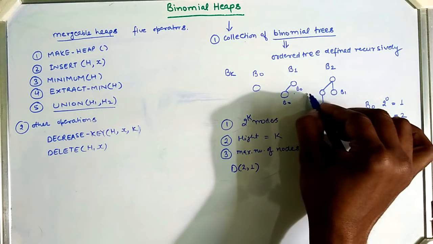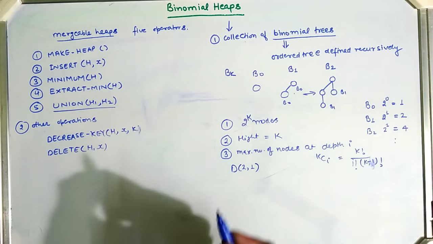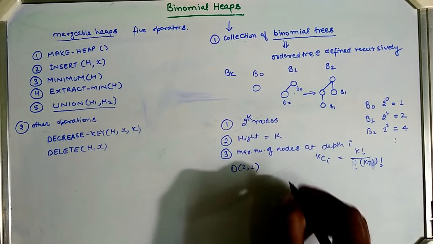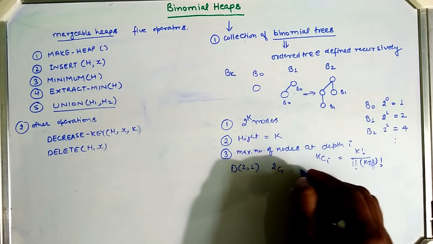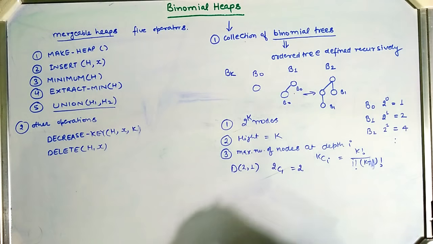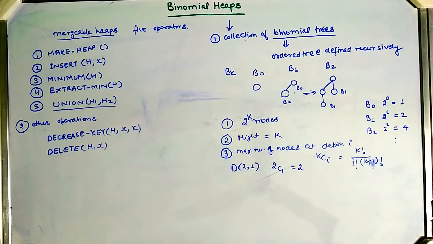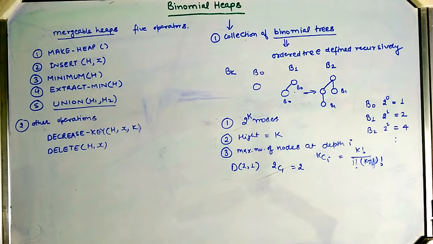So this is your depth 1. How many nodes are there? Here it is 2, so it is nothing but 2C1, the value is 2. Okay, so similarly you can verify for others.